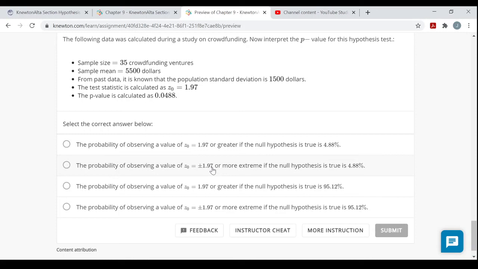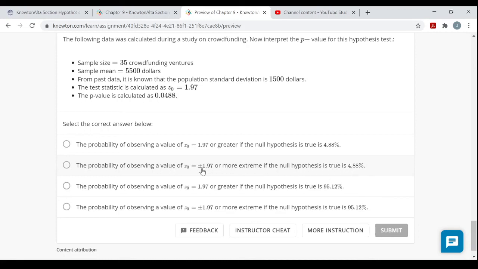You're not just looking at the one critical value. You got two, right? The probability of observing a value of z 1.97 or negative 1.97 or more extreme on the outsides, if the null hypothesis is true, that's the 4.88%.